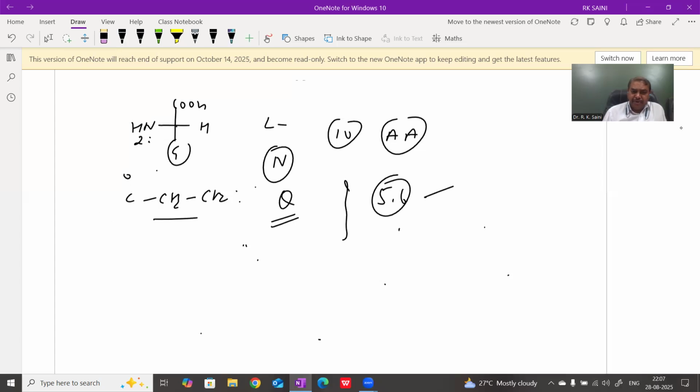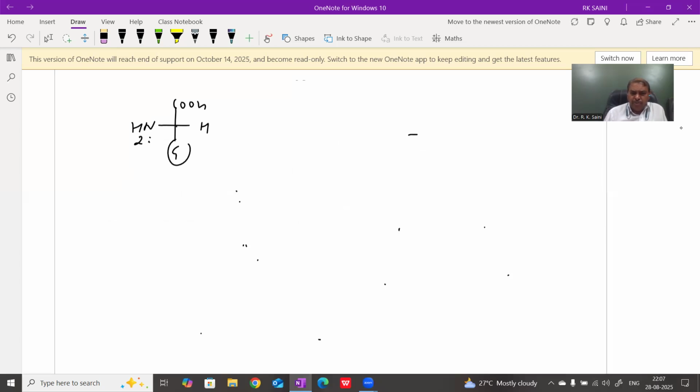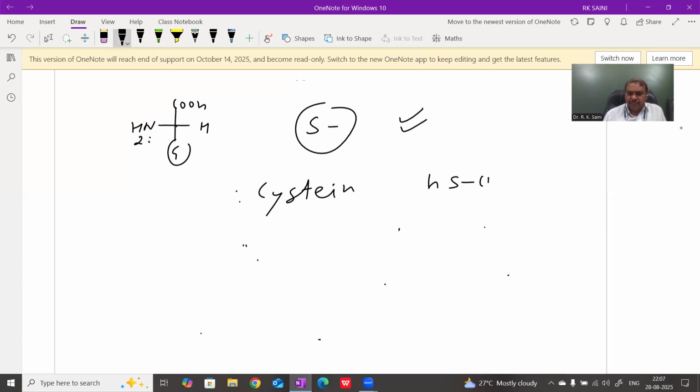Then 8 amino acids. Now 2 amino acids which contain sulfur in their structure. Important 2 amino acids, namely cysteine, which contains a thioalcohol group SH at the place of G, and methionine, which contains a thioether group.